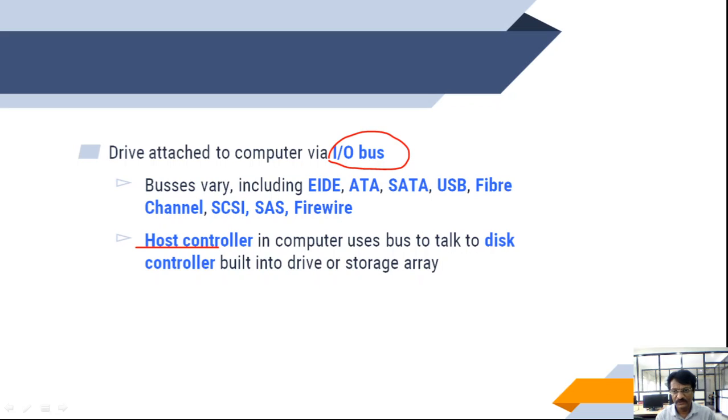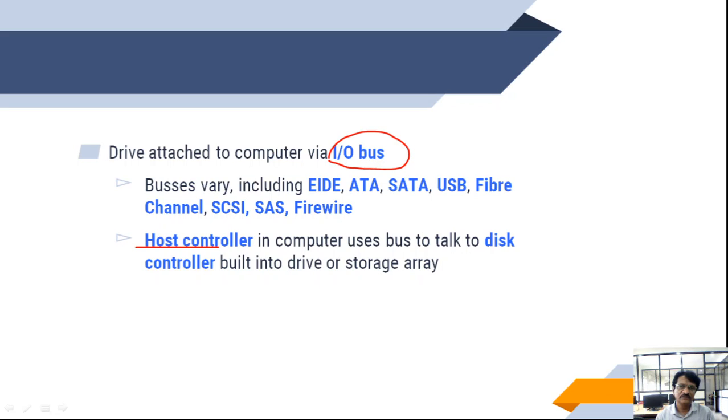The computer places a command into the host controller, typically using memory mapped IO ports that we have discussed. The host controller then sends the command via messages to the disk controller, and the disk controller operates the disk drive hardware to carry out the command. Disk controllers usually have a built-in cache, and data transfer at the disk drive happens between the cache and the disk surface, and other transfers to the host happen at electronic speed.